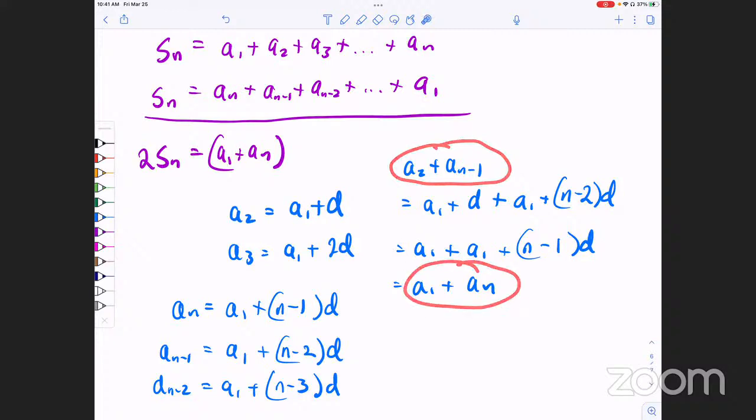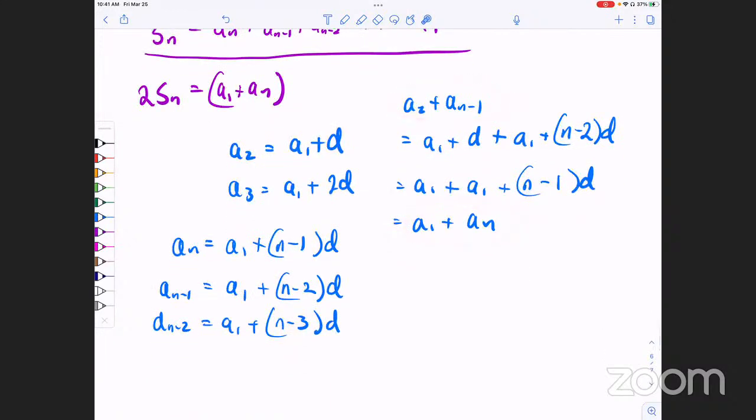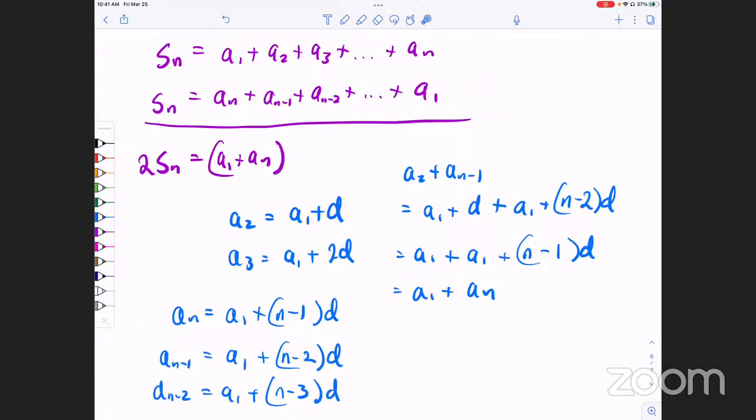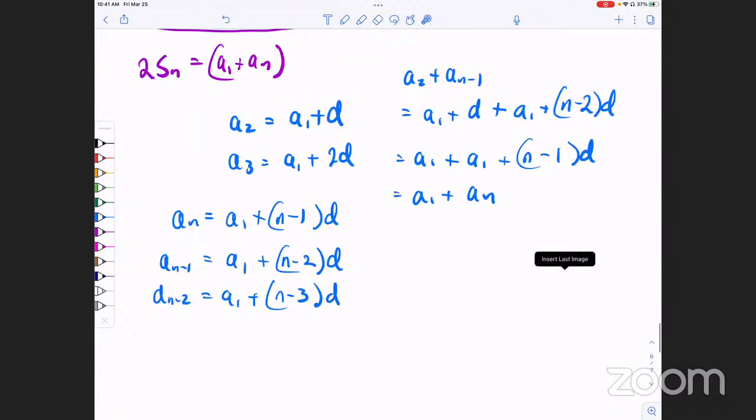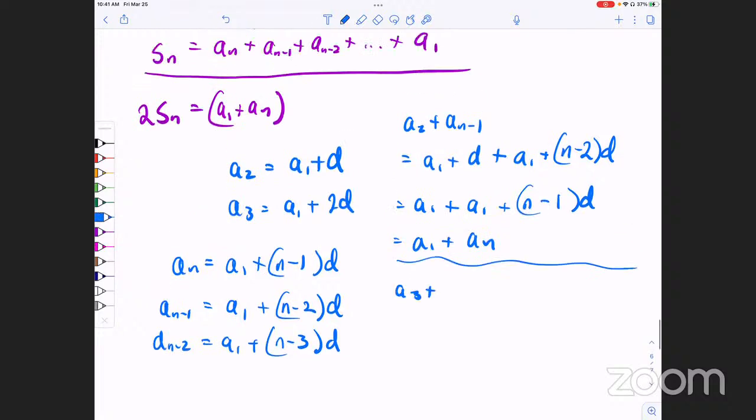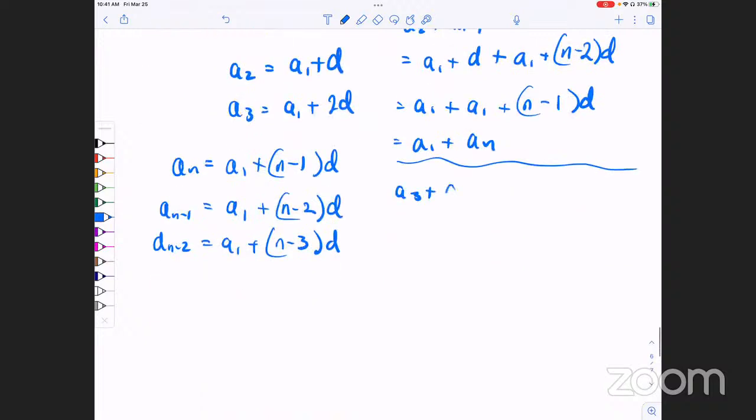Let's do it one more time to show that a3 plus an minus 2 is also the same thing, and you can show that it continues that pattern all the way. So a3 is a1 plus 2d.